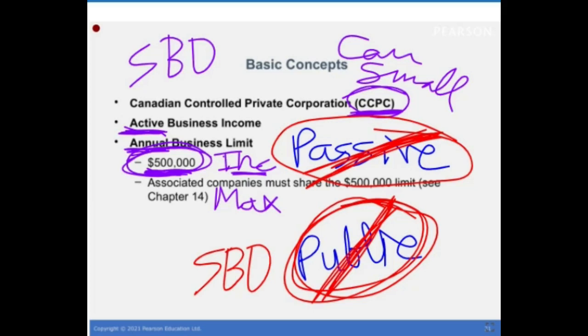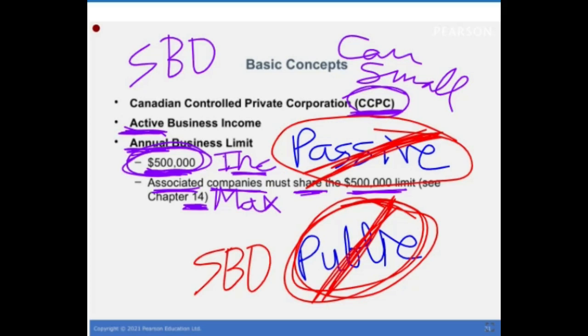We will learn in Chapter 14 about the associated companies, or associated corporations, rules. If you are deemed to be associated, you have to share the $500,000 limit between your companies. So in theory, if you had 4 associated companies, maybe they each share 125, or maybe it's based on an agreement.